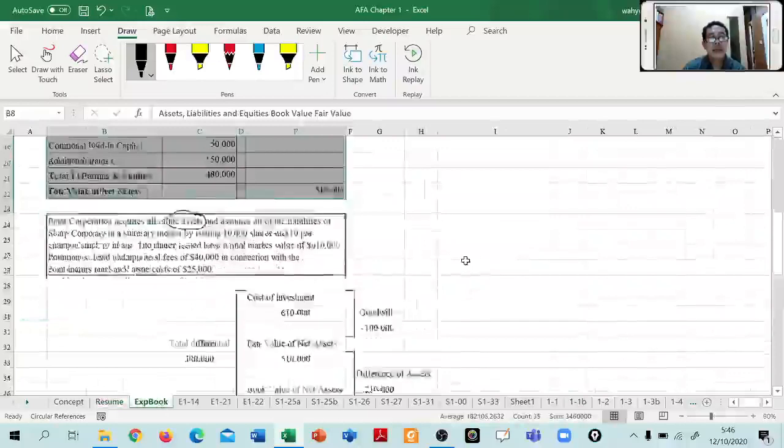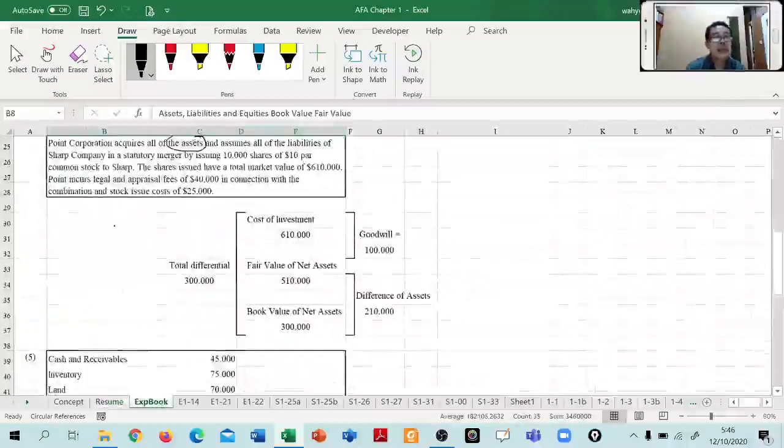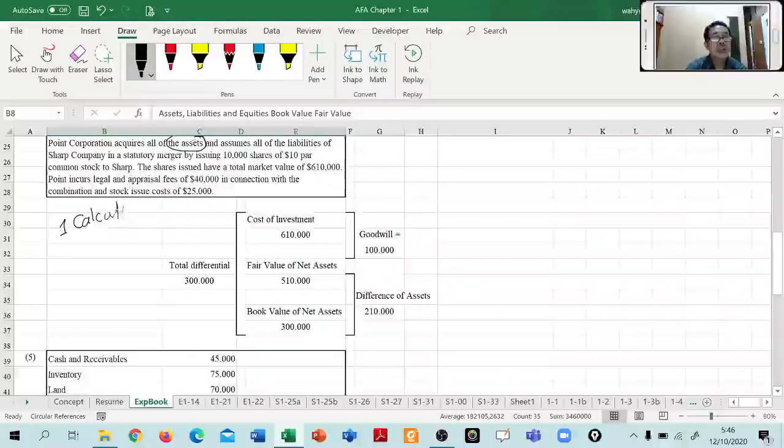In the first step, we have to calculate the cost of investment, fair value of net asset, and book value of net asset. How much is the cost of investment? Based on that information, the cost of investment is 610,000. So we write it on this whiteboard.